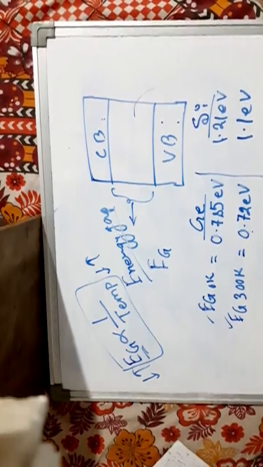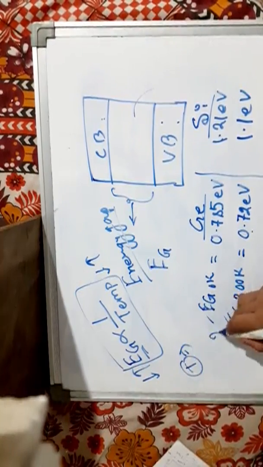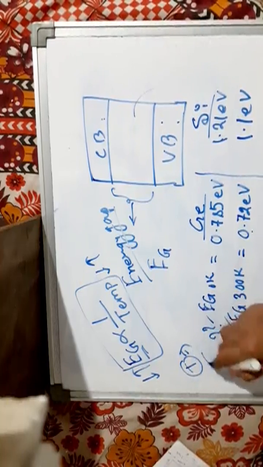Now let us discuss how to calculate the energy gap of a semiconductor at any given temperature. At any given temperature, how to calculate this value? So let us discuss.